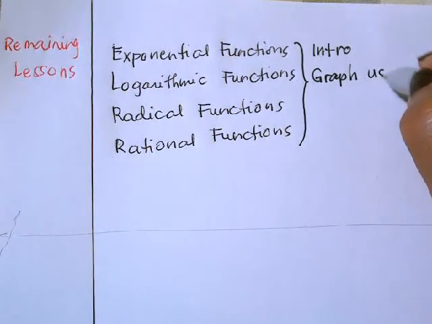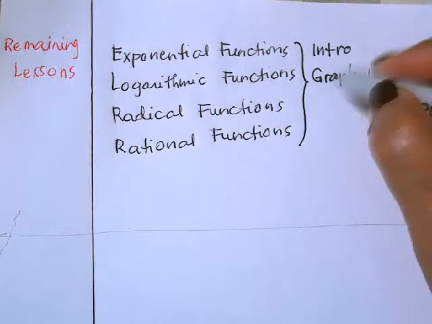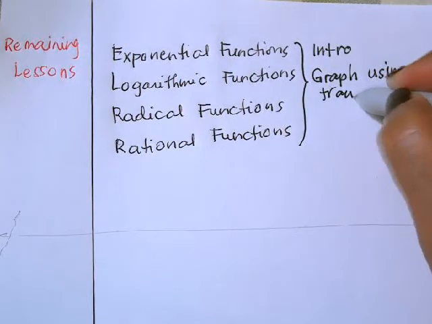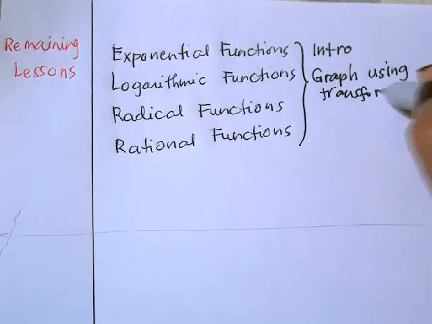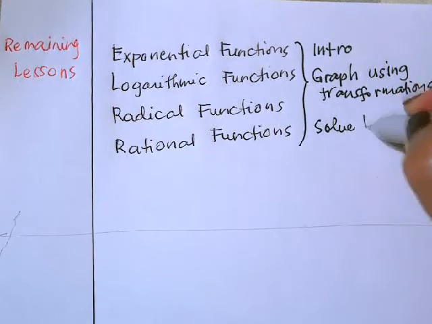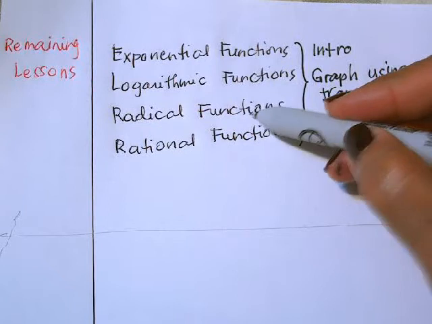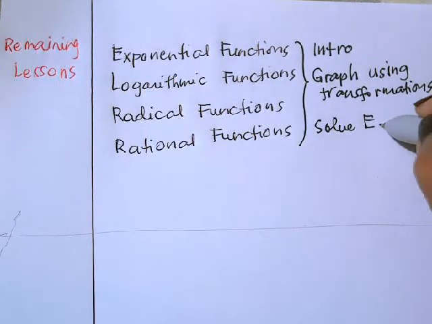So we're going to translate to the right, to the left, vertical stretch. We're going to do all of that again. And then the last is we're going to solve equations. We're going to solve exponential equation, logarithmic equation, radical equation, and rational equation.